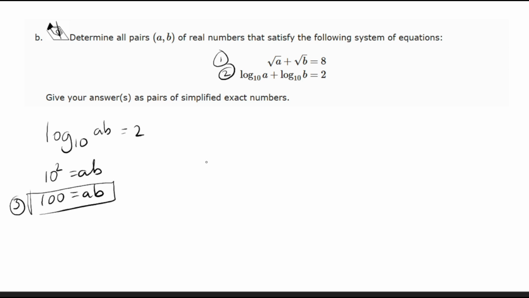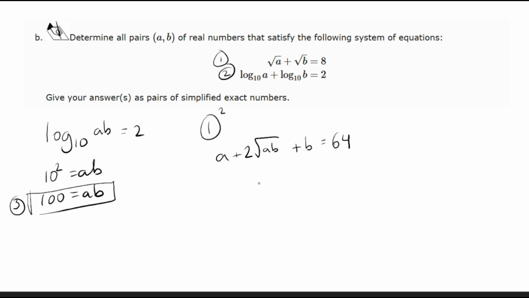So when we square 1, we're going to get a plus 2 root AB, because it's root a times root b, plus b equals 8 squared is 64. Sub in that AB is 100, and then we get 2 root 100, which is 2 times 10.